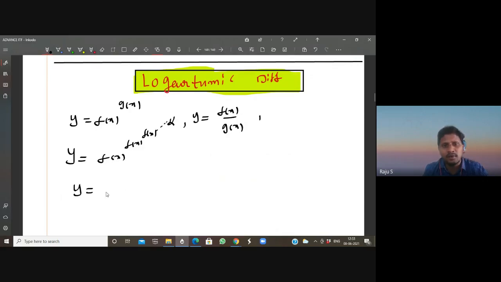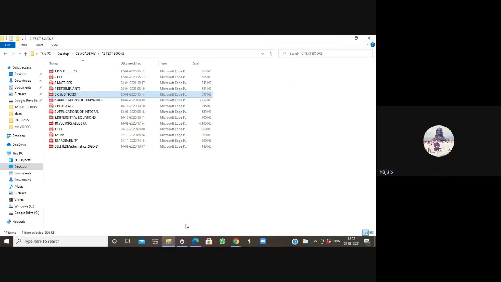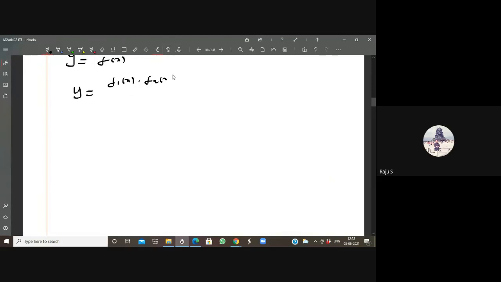And the function in the form of f1(x) into f2(x) into f3(x) and so on up to fn(x), a product of different functions, then we can apply the logarithm on both sides.